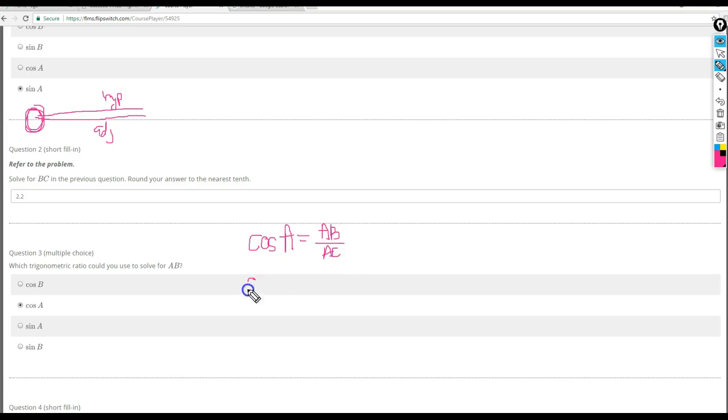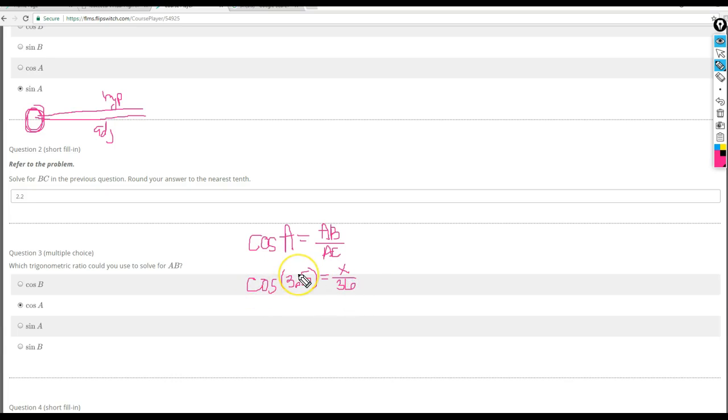And by substitution, we will write cosine of 3.5 degrees is equal to an unknown. So I'm using x. You could use y, you could use t, you could use a, some variable to represent an unknown. And AC was 36 inches.